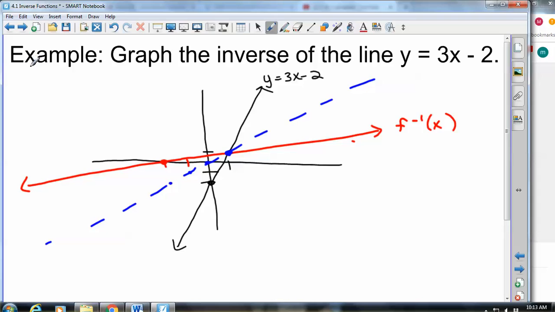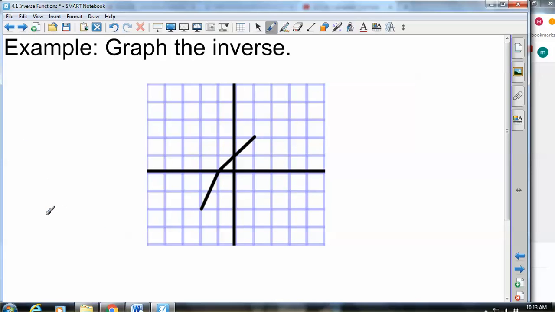So doing that, on the next slide I just put a graph on here. I didn't give you an equation at all, and I want you to graph the inverse of it. So we actually have to just look at our points. This is the point 1, 2. So what would the point become on the inverse? 2, 1.